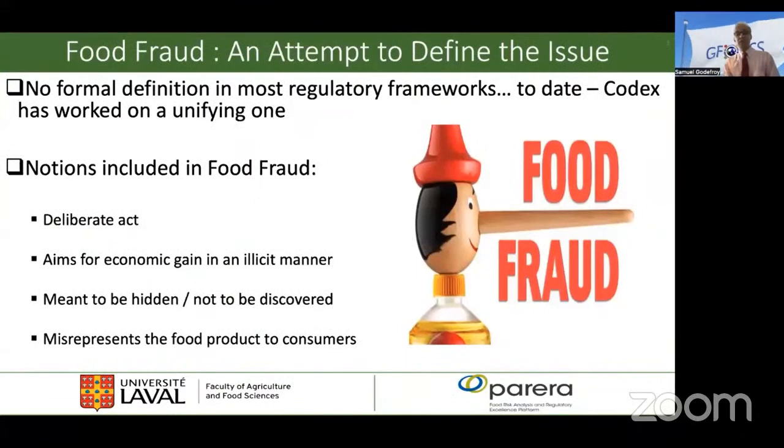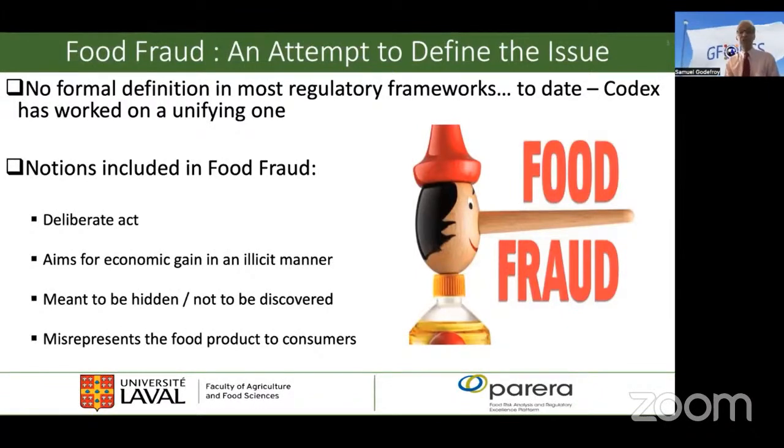Now, while we continue to discuss a harmonization of the definition of food fraud within the context of the Codex Alimentarius Commission, we have witnessed that a number of food regulatory jurisdictions have adopted a definition of food fraud. And while there are some differences, we see some commonalities in these definitions.